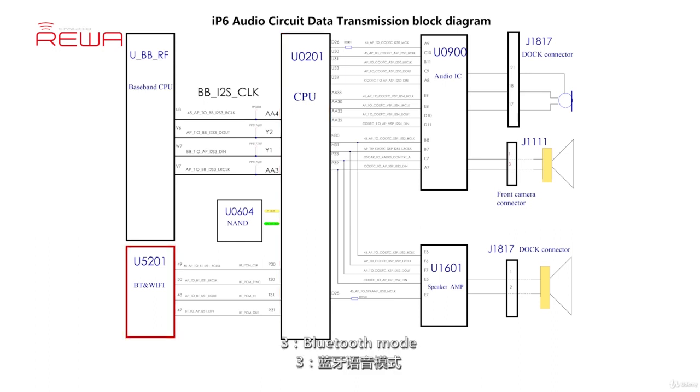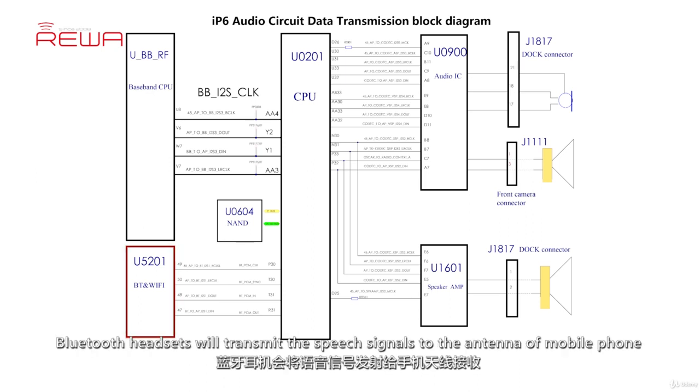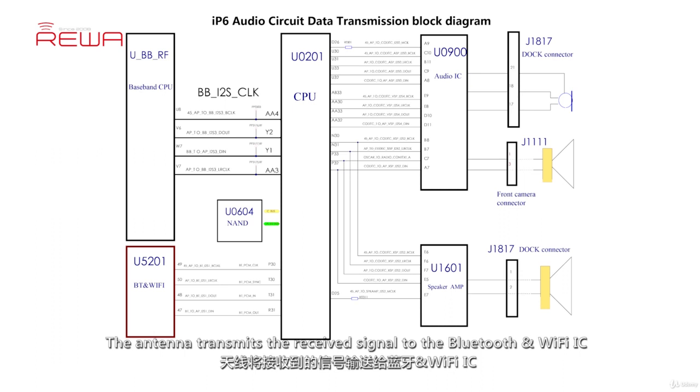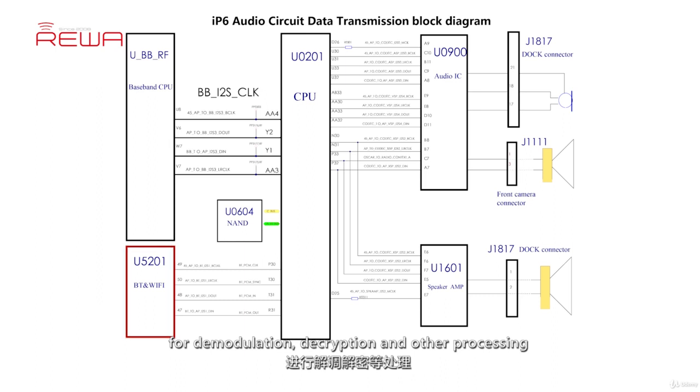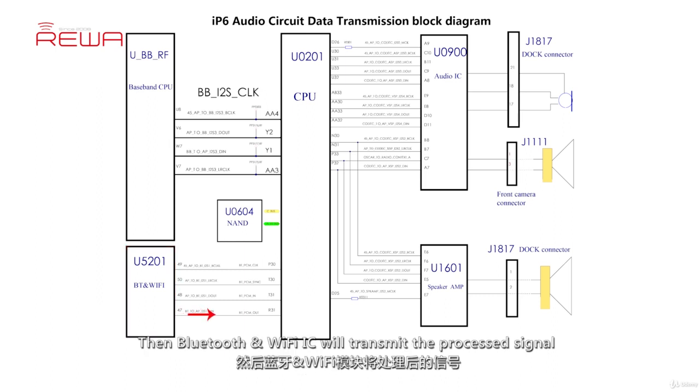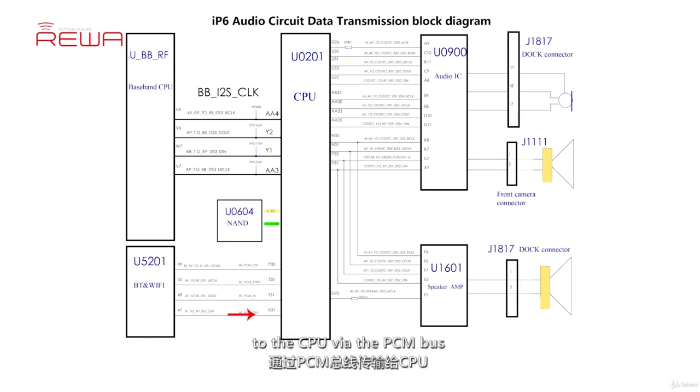3. Bluetooth mode. When the mobile phone is in Bluetooth mode, the Bluetooth headset will transmit the speech signals to the antenna of mobile phone. The antenna transmits the received signal to the Bluetooth and Wi-Fi IC for demodulation, decryption, and other processing. Then Bluetooth and Wi-Fi IC will transmit the processed signal to the CPU via the PCM bus.